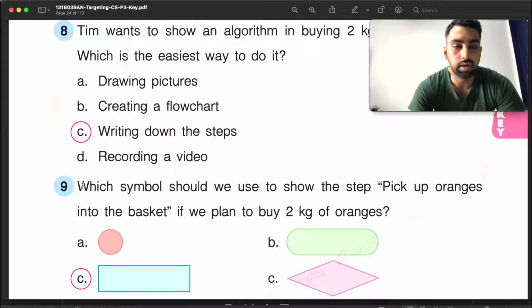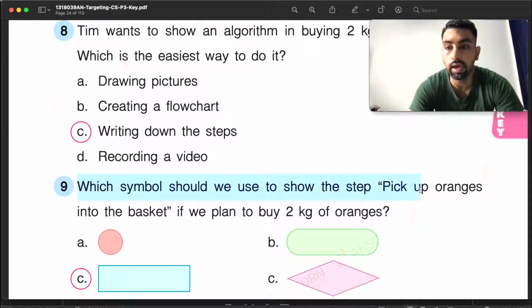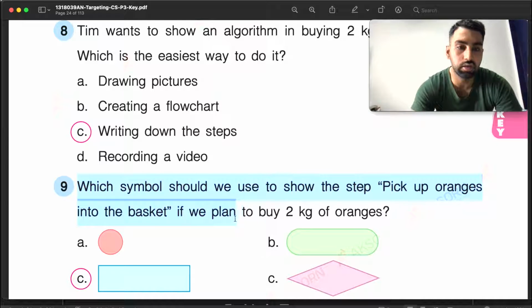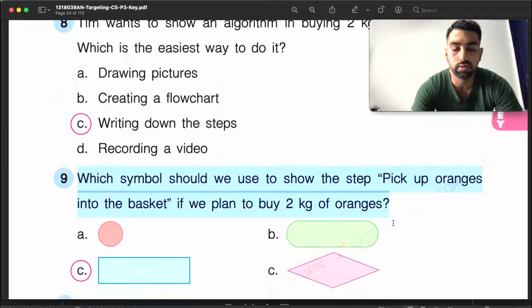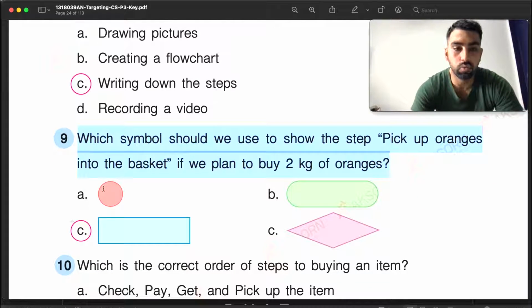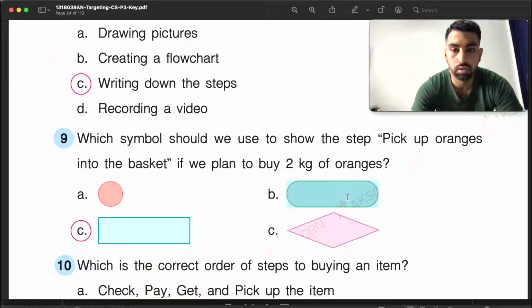Okay, number 9 we have, which symbol should we use to show the step pick up oranges into basket if we plan to buy 2 kilo orange. Alright, okay, so number 1 we have circle, the connector. B is oval, the terminator, start or end.